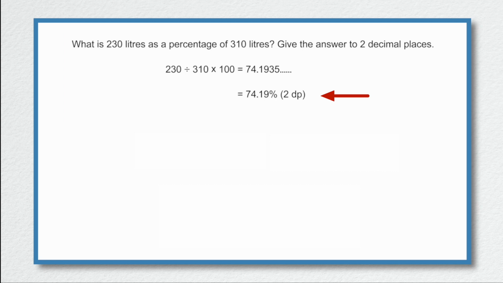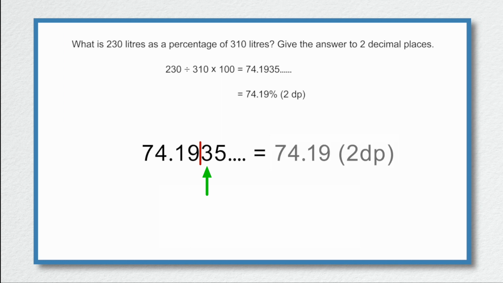Well, let's just confirm that. Here's our number. Here's the cutoff point. And we now need to determine whether we keep this 9 the same, this is 9 hundredths, or whether we round this 9 up. And we do this by looking at this digit here, the first digit after the cutoff point, which happens to be 3. And because this number is 4 or less, we keep this 9 the same.